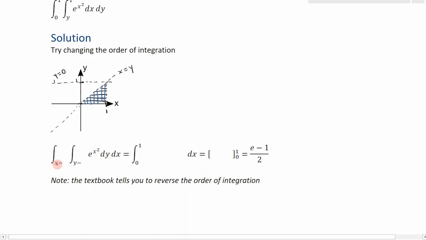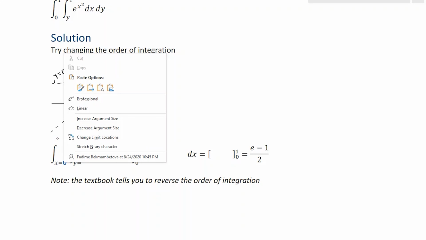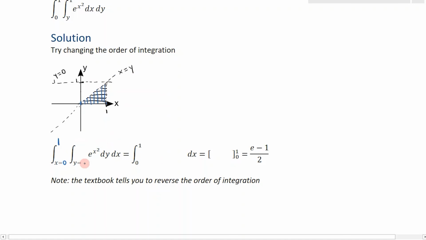So we will have x going from 0 to 1, and for every value of x, we're going to go from y equals 0 to y equals x. And the integrand is the same. And now instead of dx dy, we have dy dx.